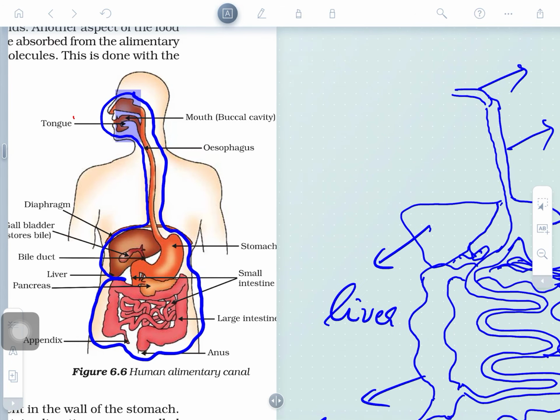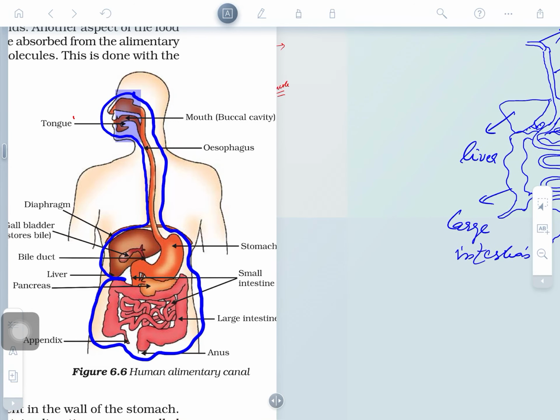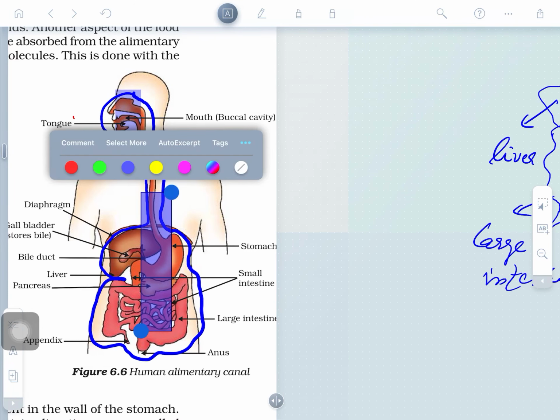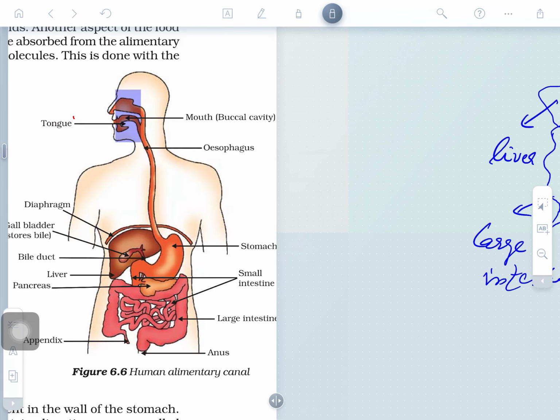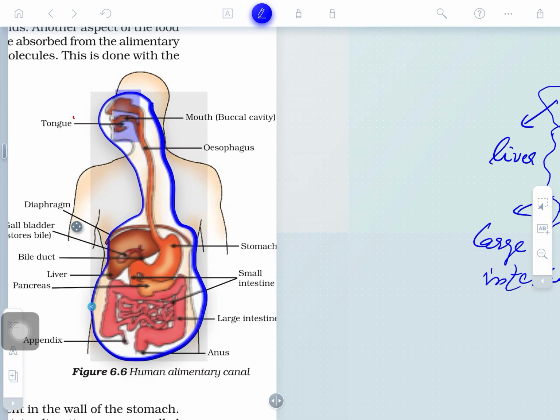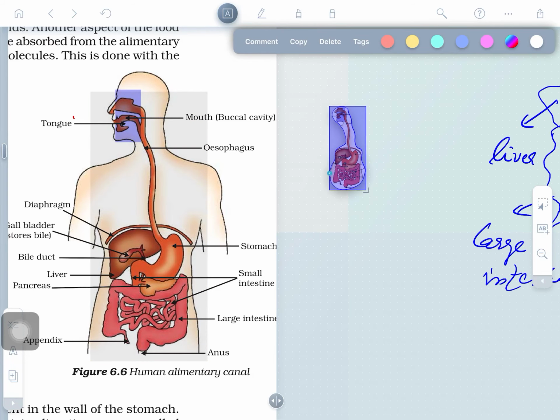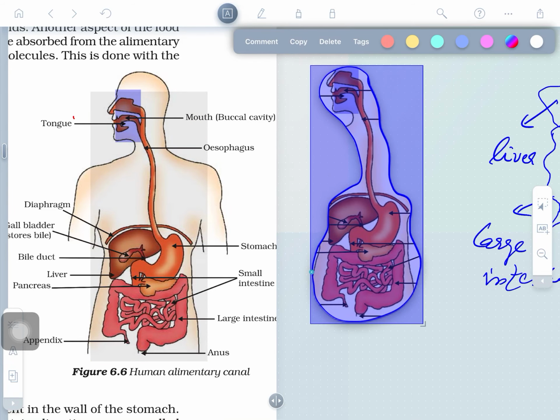What is alimentary canal? Yes, this is alimentary canal. Okay, guys, you can simply understand what the alimentary canal is. This is your alimentary canal.